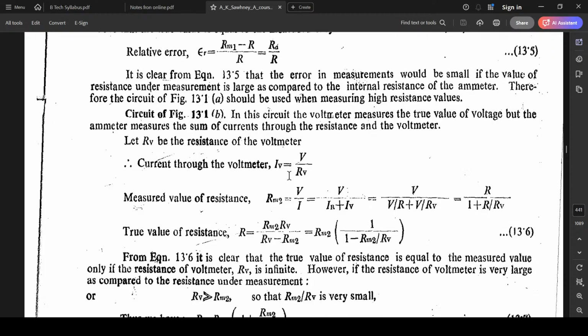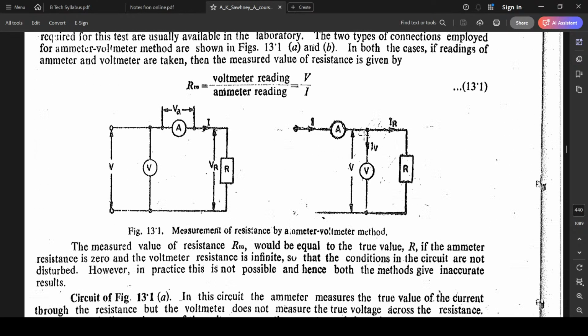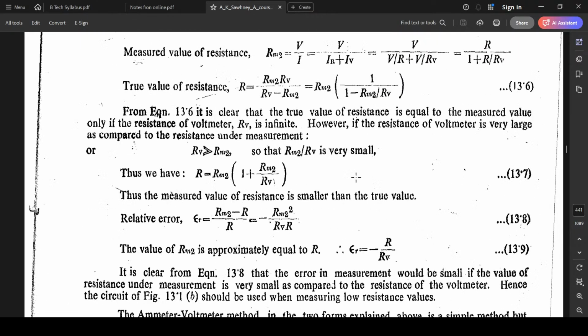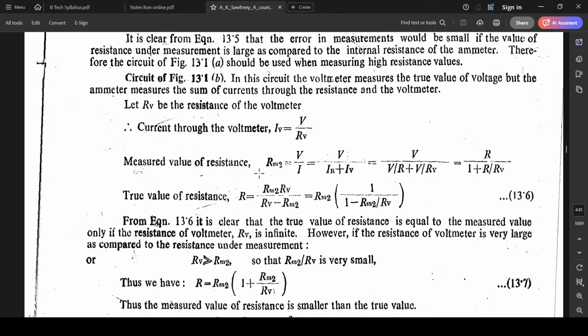Okay, this is the second circuit. Current through the voltmeter, I is equal to V by RV. Measured value of resistance, R measured, is equal to V by I. And I was the addition of the current through the resistor and the voltmeter.